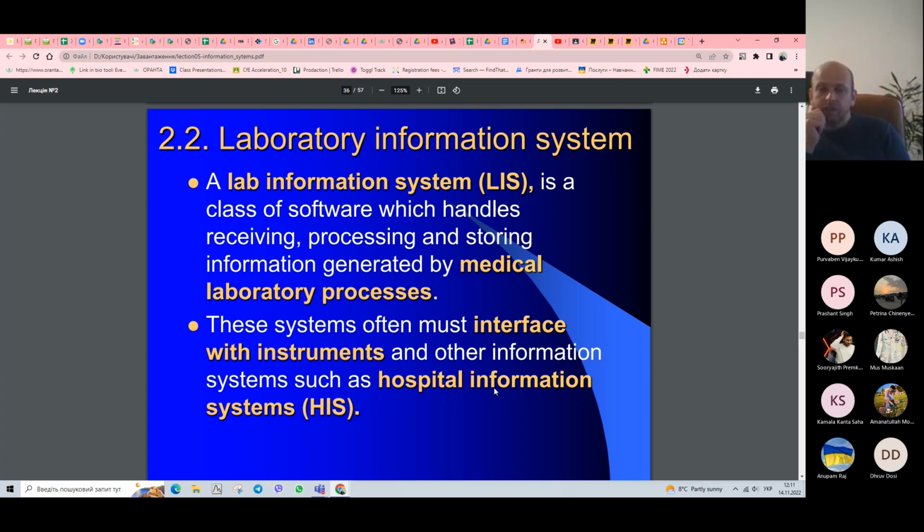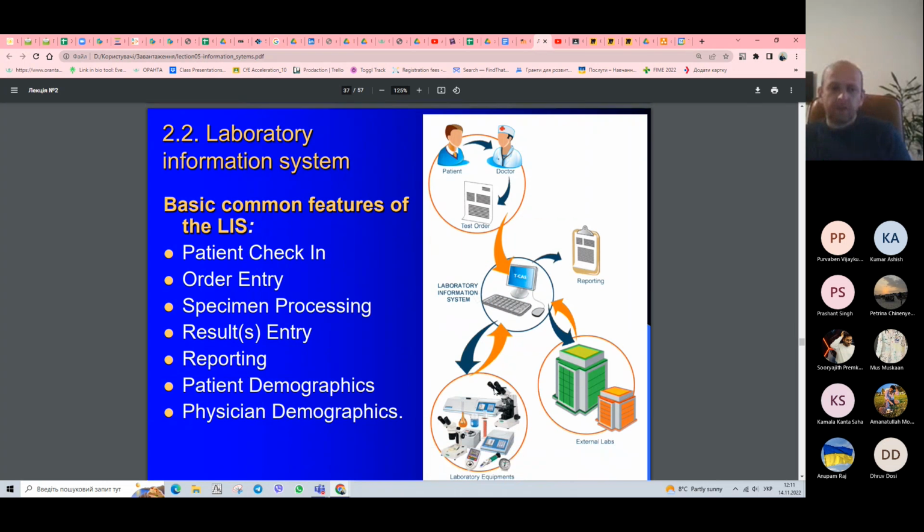Laboratory information system. A lab information system is a class of software which handles receiving, processing, and storing information generated from medical laboratory processes. This system must interface with instruments and other information systems such as the hospital information system.